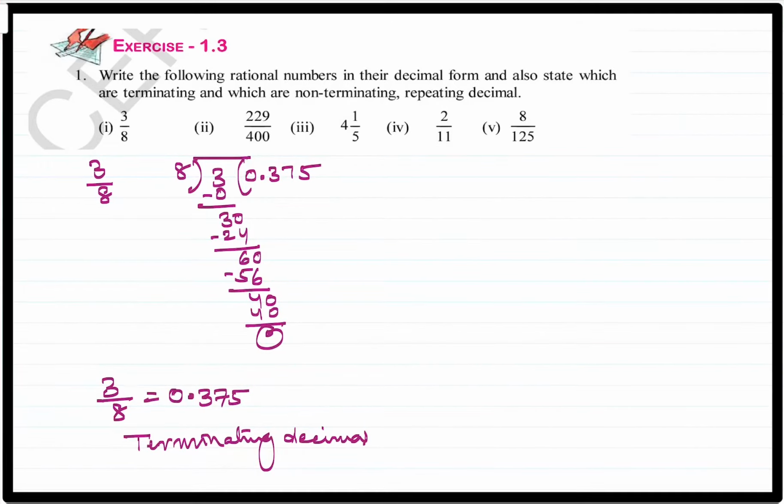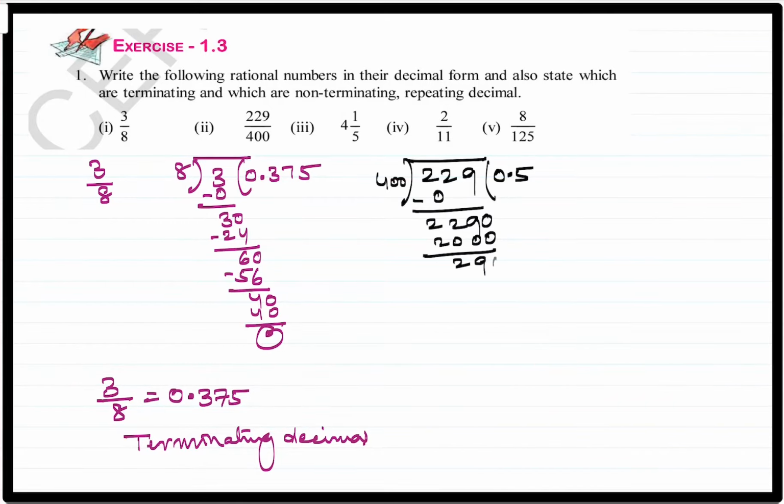229 by 400. 229 divided by 400. So 400 will not go into 229, so 0 times, 0. It will be 0. 229, again keeping 0, 400 5s are 2000.